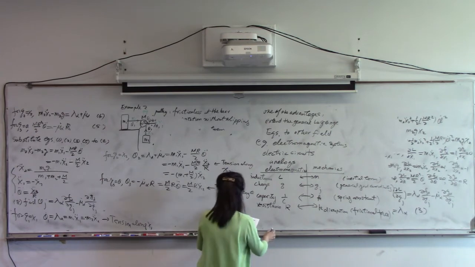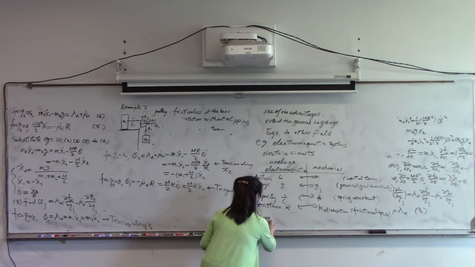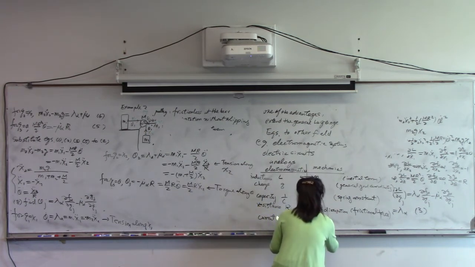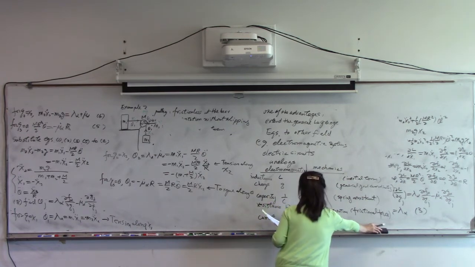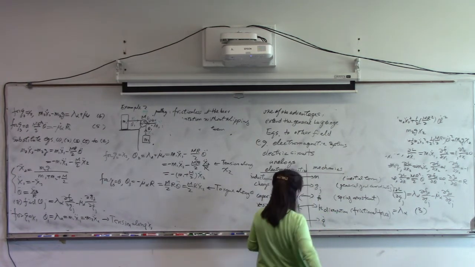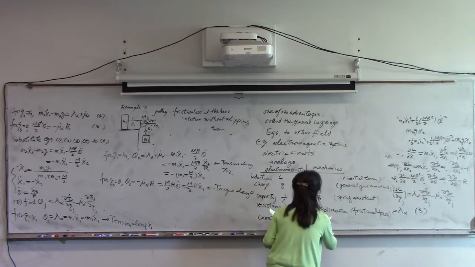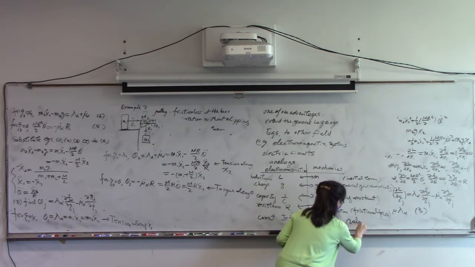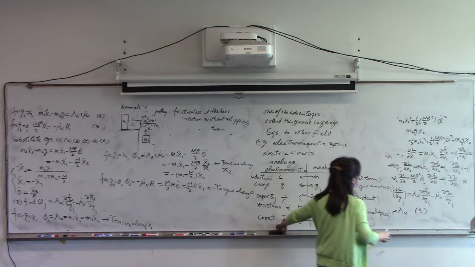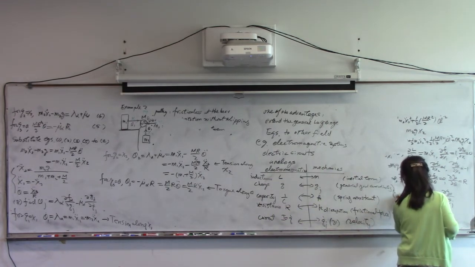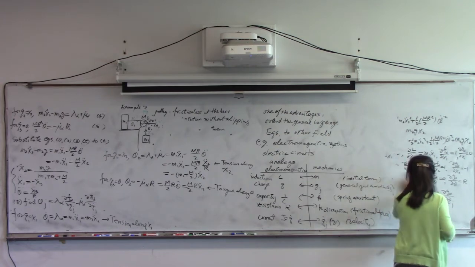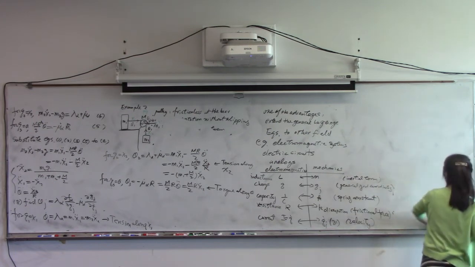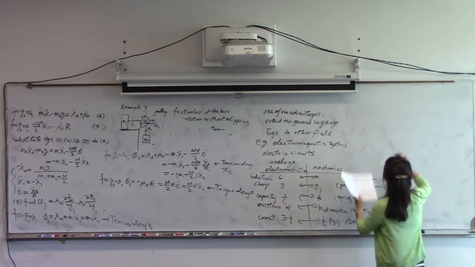And the last one is the current. Current I corresponds to the generalized velocity. Current equals the charge dot, right? And the generalized velocity, or just velocity, right? Okay, with this correspondence, when we have the circuit, we just try to find how many elements are in it, and we can write down the kinetic energy, potential energy, then we can apply the Lagrange equation to each case. So keep this in mind, now let's do examples.